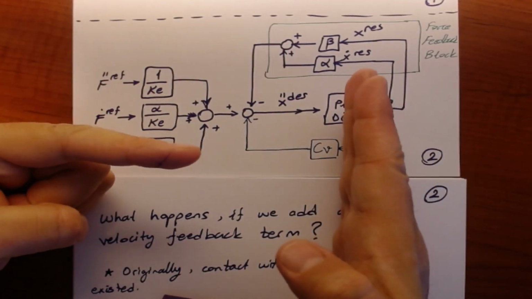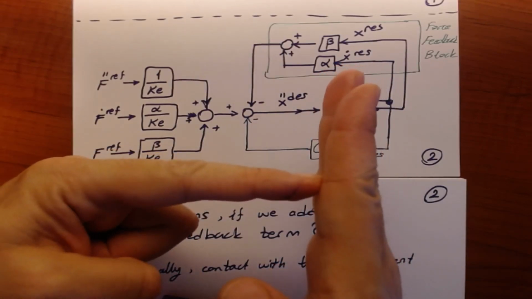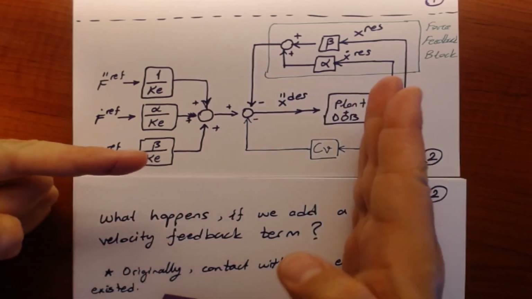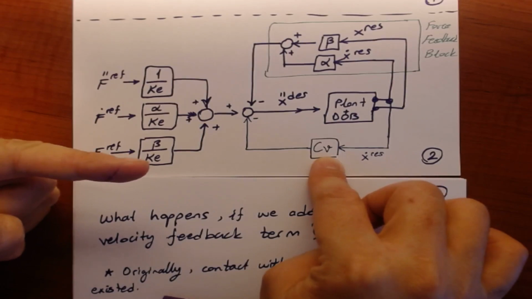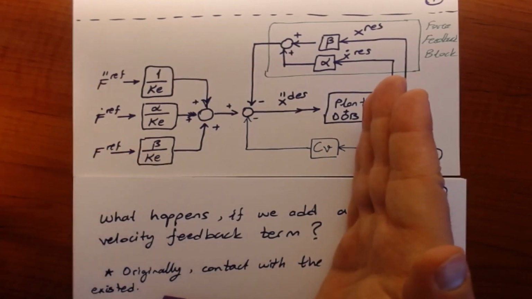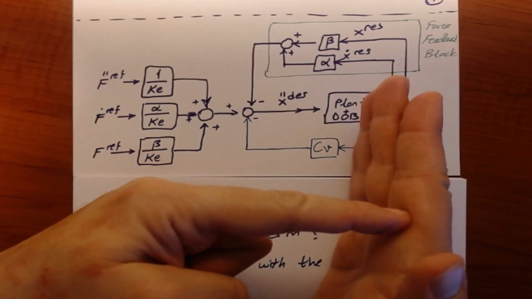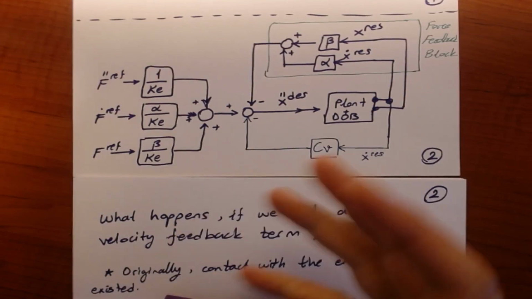But if the contact is not established, in other words, if your robot is here and the environment is here, but they're not contacting one another at the beginning of the motion, then what would happen is that without the velocity feedback, your plant will try to enforce the force reference on the system and will move in a very fast manner to the environment and strike the environment. That is an undesired situation.